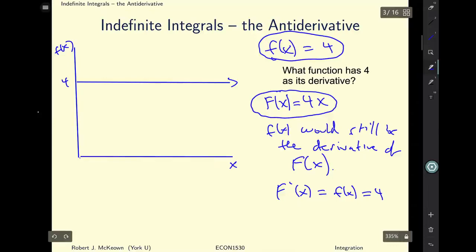Now, if I told you that x was equal to 3, and I go back to my diagram and I put a 3 here, and I walk my way up.